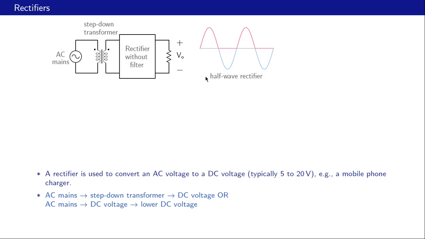Here are the waveforms for a half wave rectifier without filter. This blue curve is the input voltage, the step down input voltage as it appears over here, and the pink one is the output voltage VO. So when VI is positive in this first half cycle, VO is equal to VI, and when VI is negative, VO is equal to 0.